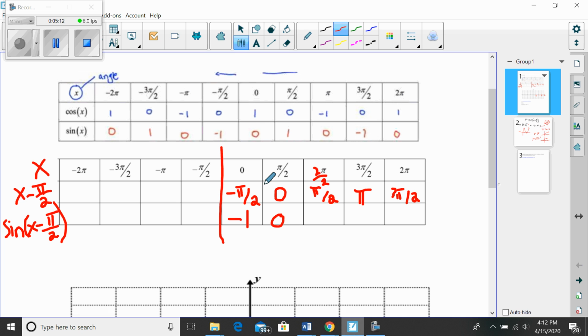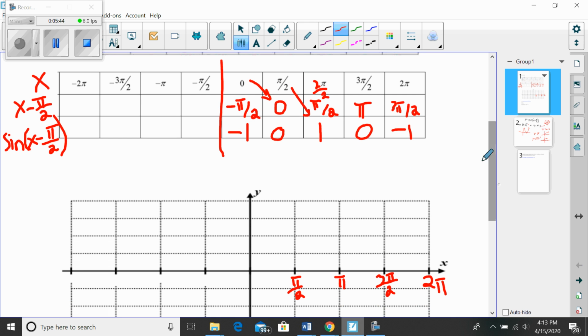So what is happening here as I go through this is this has shifted over to the right. This 0 is now here. And then sine of pi over 2 is 1, but now this has shifted here. So I can see how I'm shifting everything to the right. And this would be 0, and this would be negative 1.